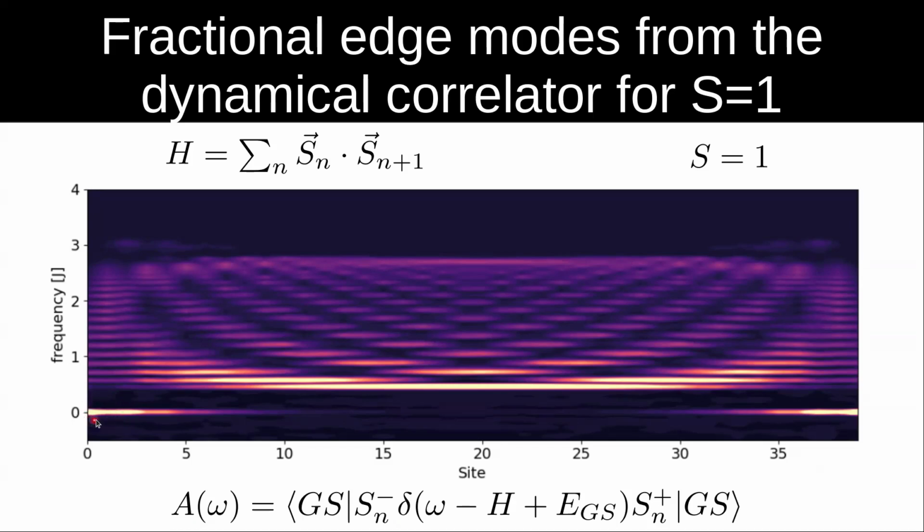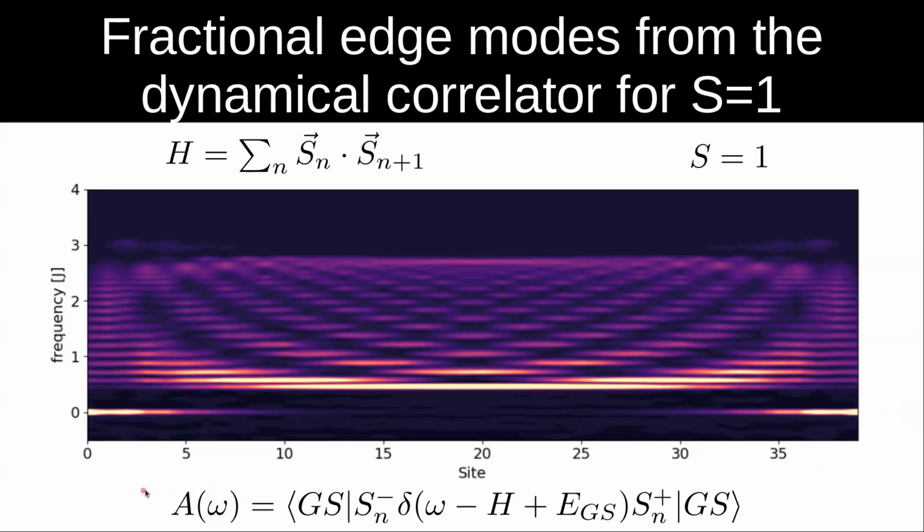This peak is telling you that you have a local degree of freedom that gives rise to several almost degenerate ground states. So you have one spin 1/2 excitation on this edge and another spin 1/2 excitation on this other edge, and this appears directly in the dynamical correlator.